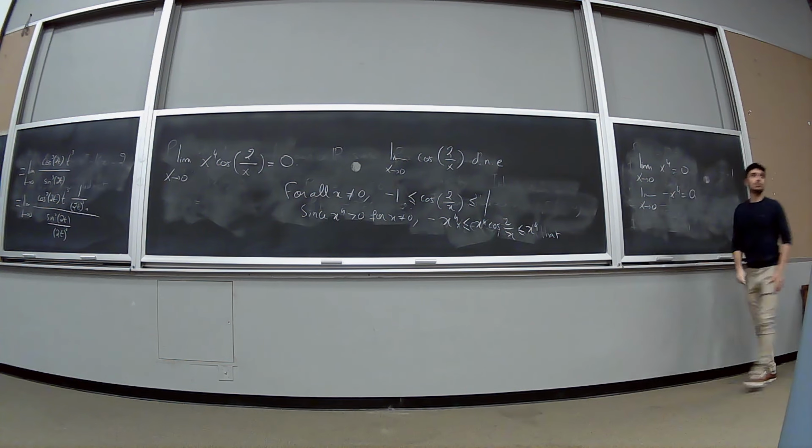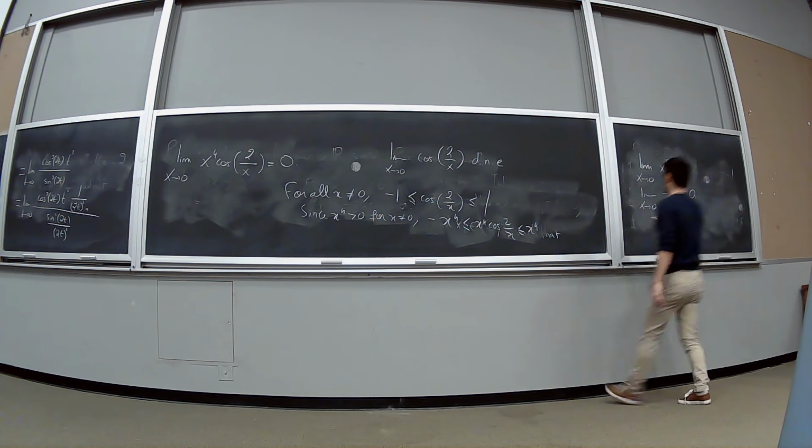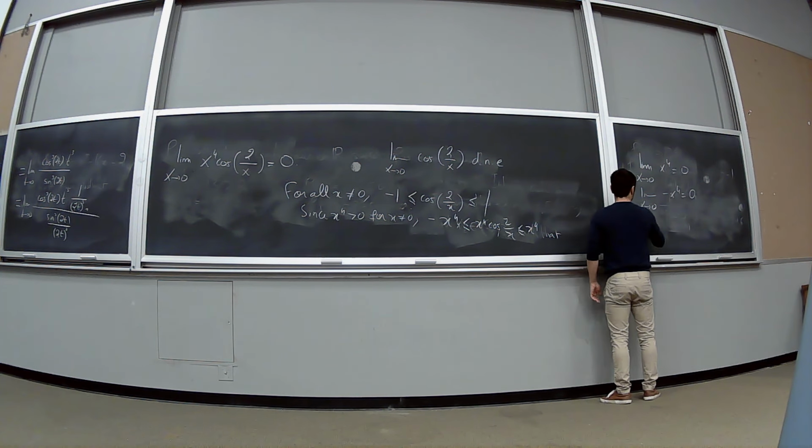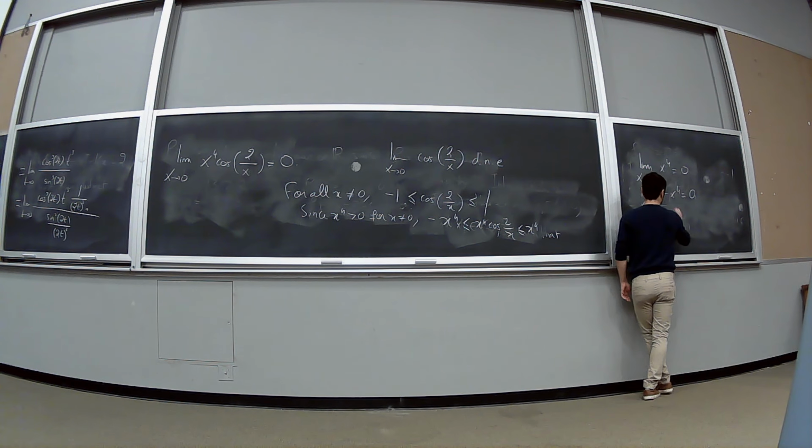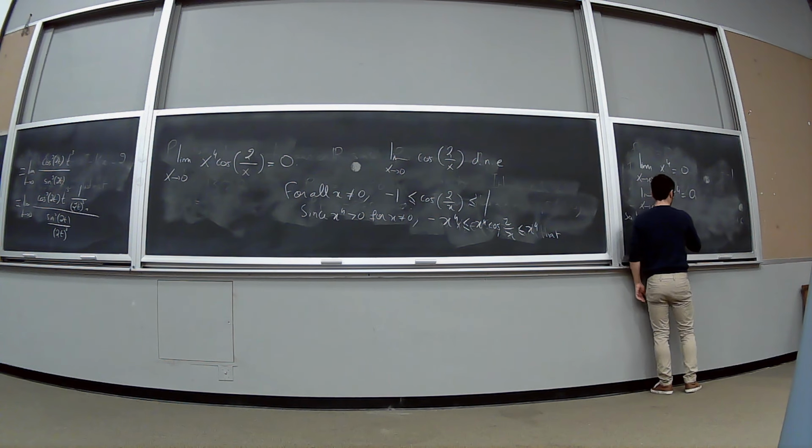What's important about these two things? Yeah, but it's not 0. Exactly, that's the most important thing. So the limit as x goes to 0 of x to the 4 is equal to the limit.